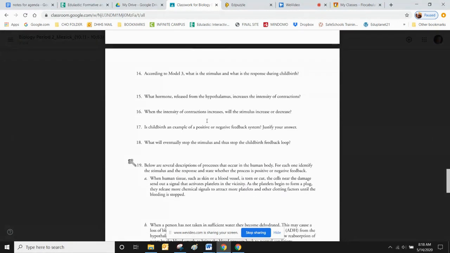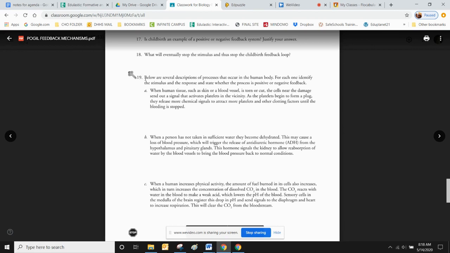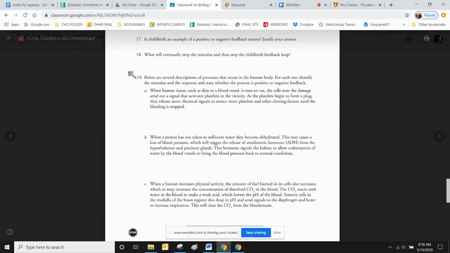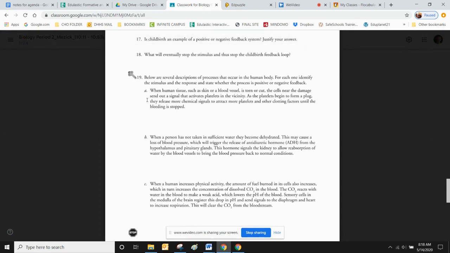Make sure you know, not every single one, but I certainly have chosen 19 of these because it is out of 19 points. And just remember, this doesn't mean all 19 questions. You get these questions in 3 parts here. So this is 3 separate questions. But in this case, I do actually ask for what type of feedback loop. I don't necessarily go into the stimulus and response.